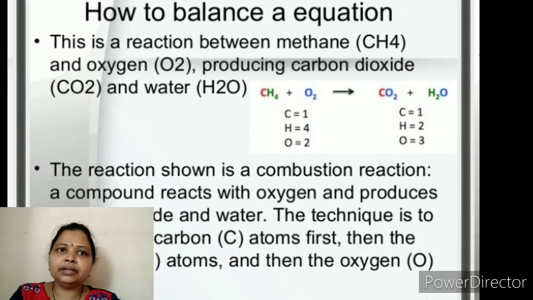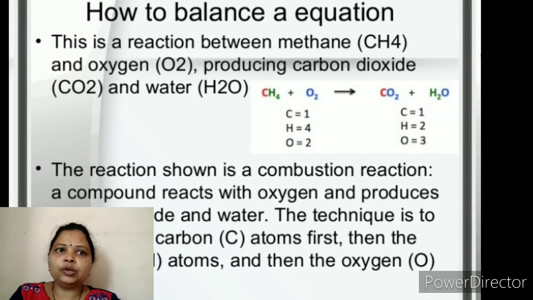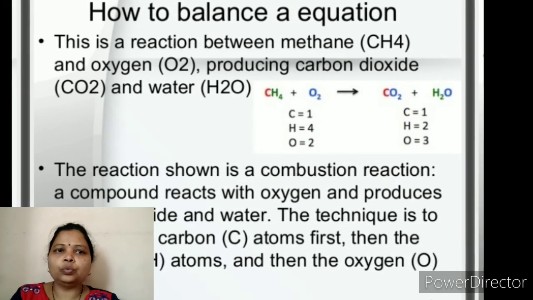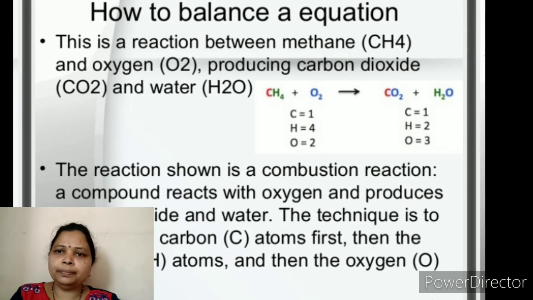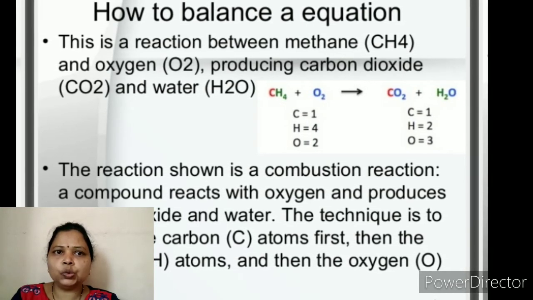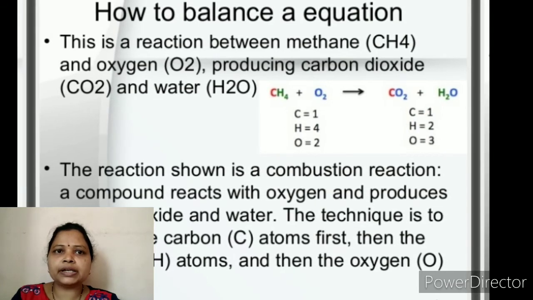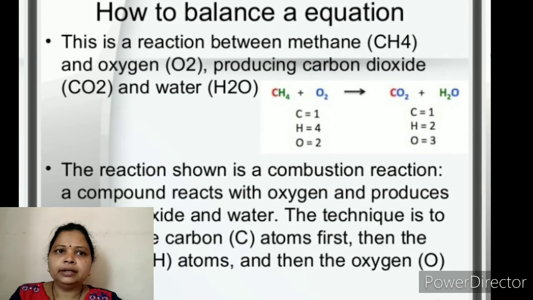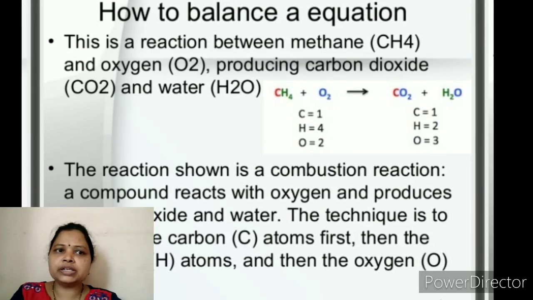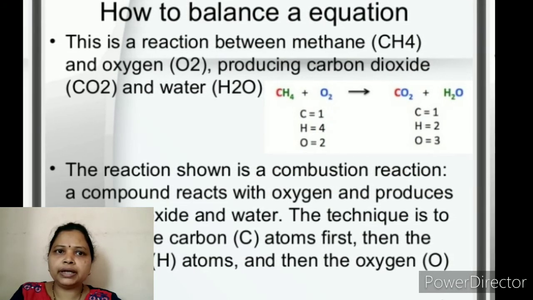This is a reaction between methane and oxygen producing carbon dioxide and water molecule. For example, CH4, that is methane, reacts with the oxygen, that is O2, and it forms the carbon dioxide and H2O. The reactants are methane, CH4 and oxygen, and the products are CO2, carbon dioxide, and H2O.